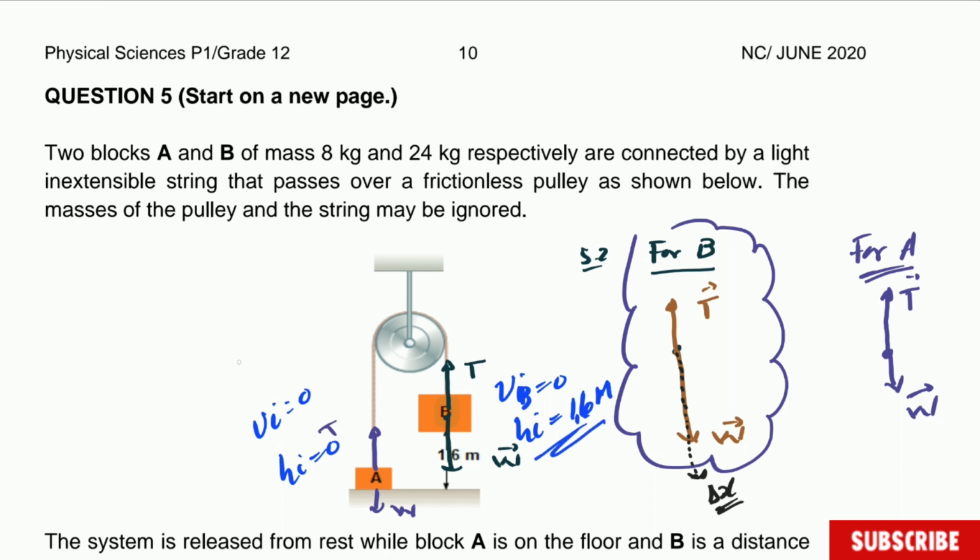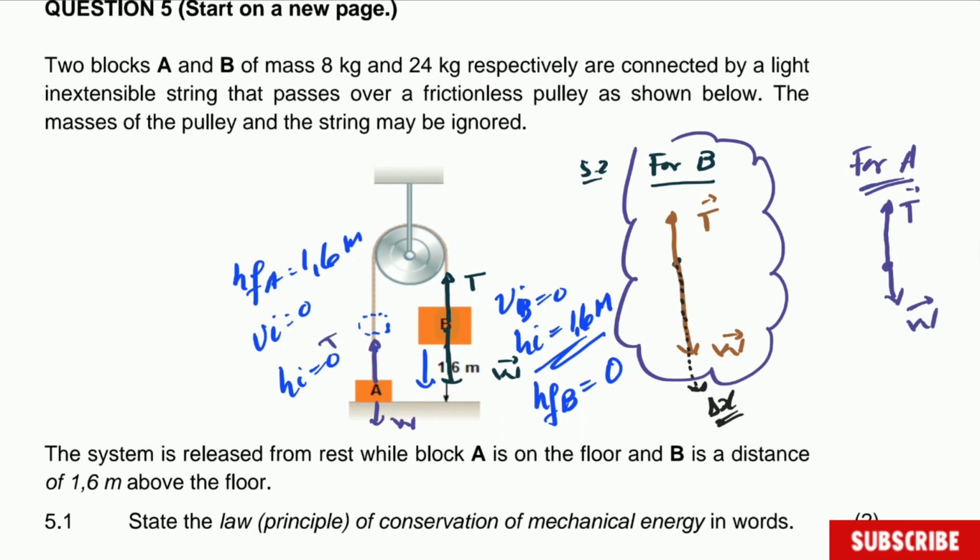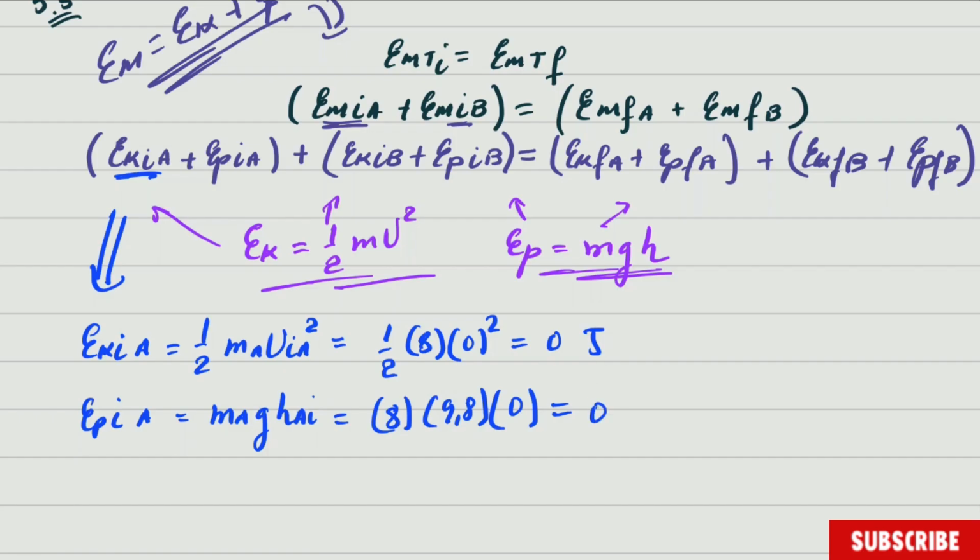The final height for A is going to be equal to 1,6 meters. When B reaches the ground, A is going to be up at 1,6 meters high, and the final height for B is equal to 0. That is important to know, guys, here in this question. This is a very tricky question. This one is 0 joules. In other words, everything here is going to be 0. Let's go to the next one.